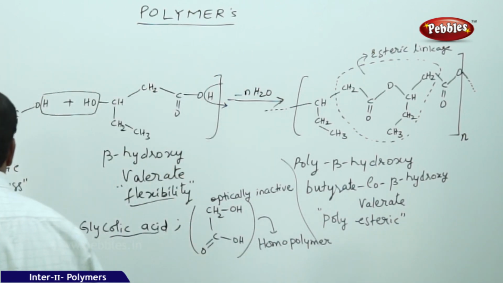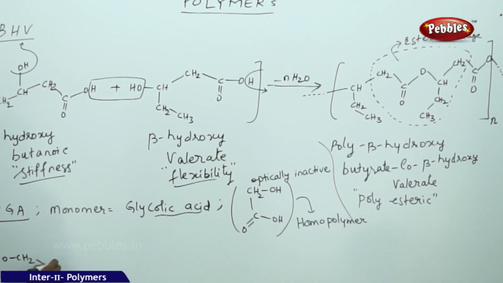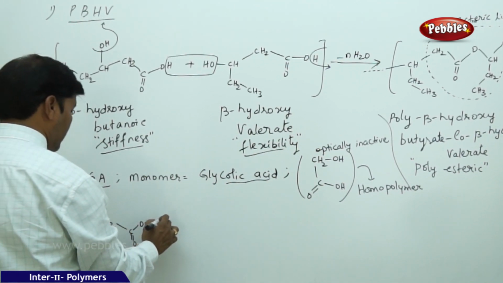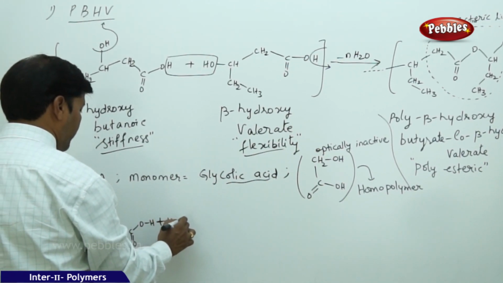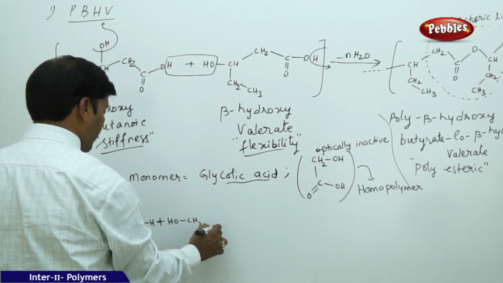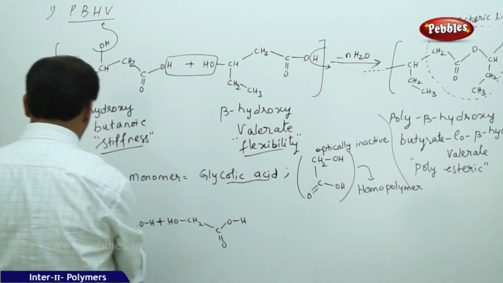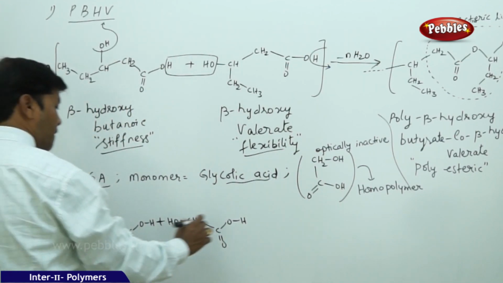Now if you want to see the glycolic acid participating in the polymerization: CH2OH primary alcohol, carboxylic acid, again OH, plus again OH of CH2 of carboxylic acid, again OH, n number of molecules.